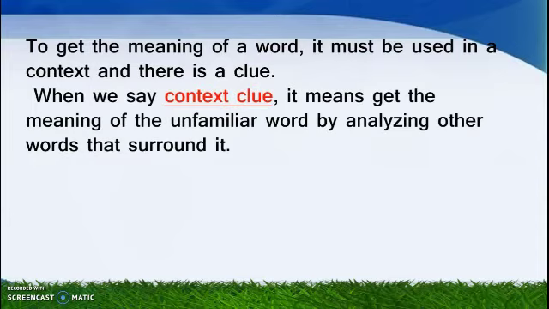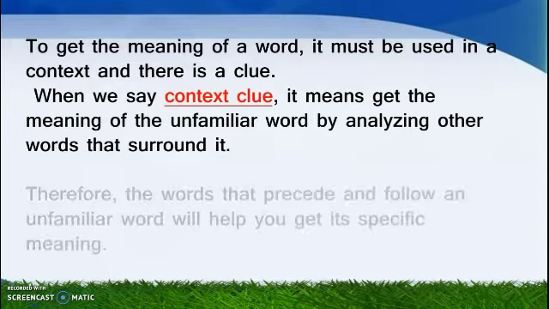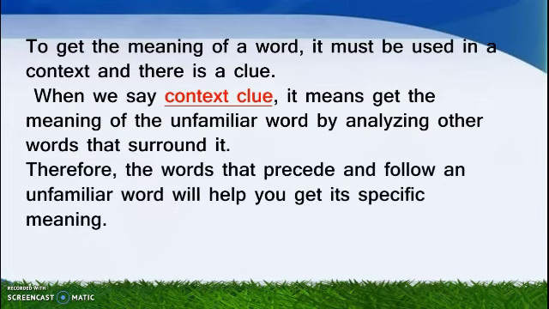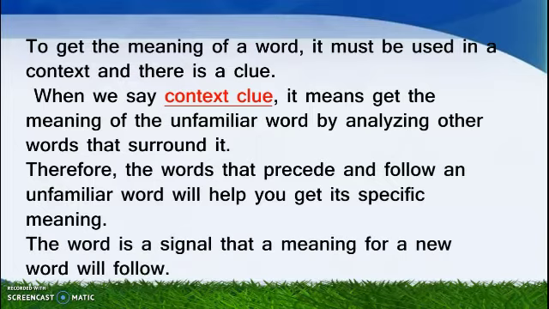When we say context clue, it means getting the meaning of the unfamiliar word by analyzing other words that surround it. Therefore, the words that precede and follow an unfamiliar word will help you get its specific meaning. The word is a signal that the meaning for a new word will follow.